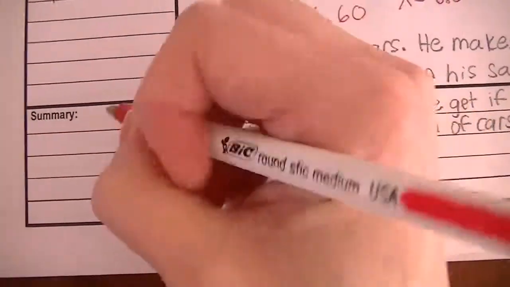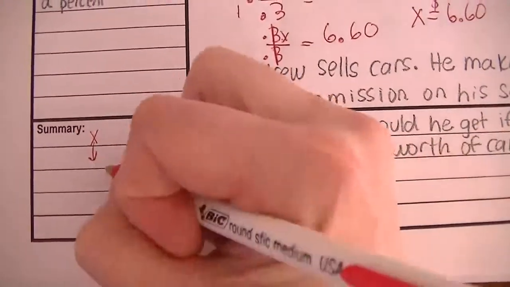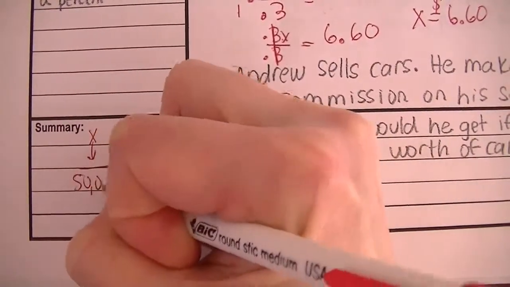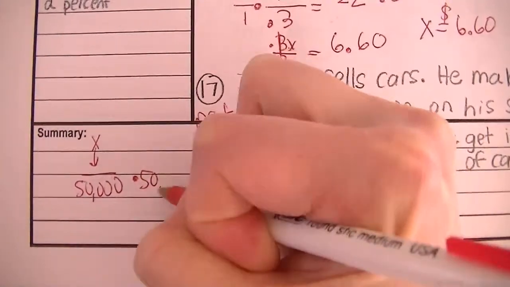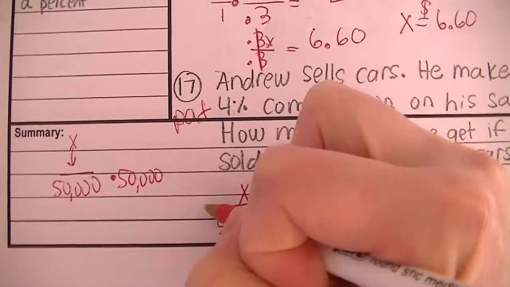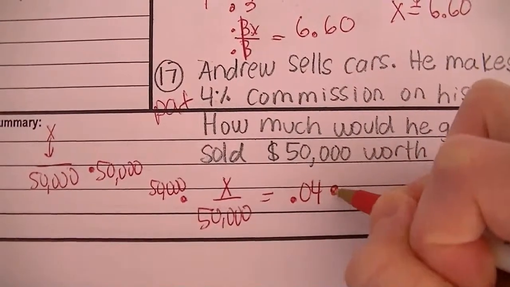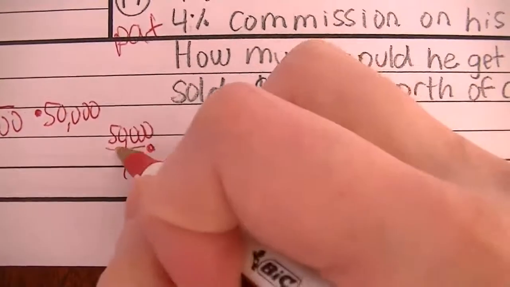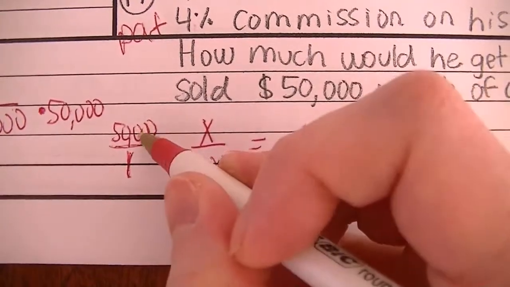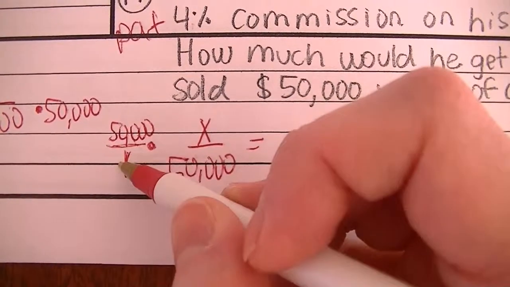Okay, let's go ahead and solve for x. You start with x, then we divided it by 50,000. The inverse operation of dividing is to multiply, so that's what you'll do to both sides of that equal sign. 50,000 over 1 is still 50,000.